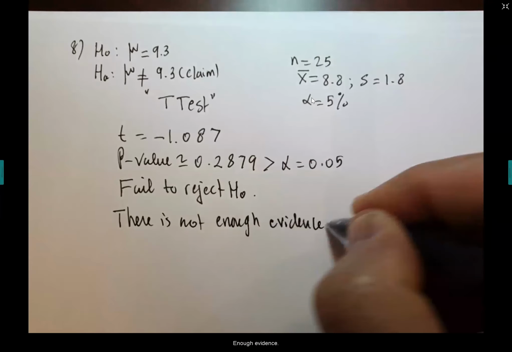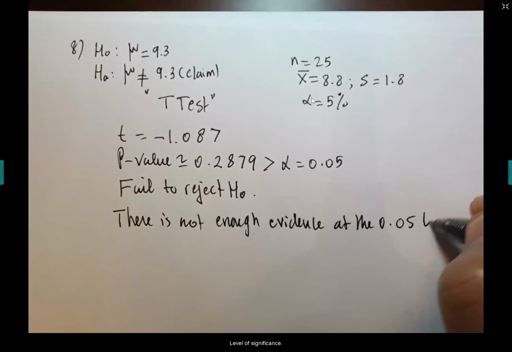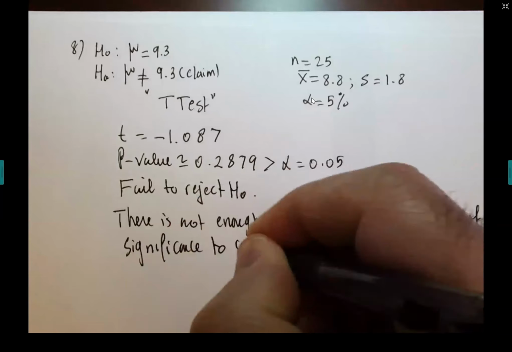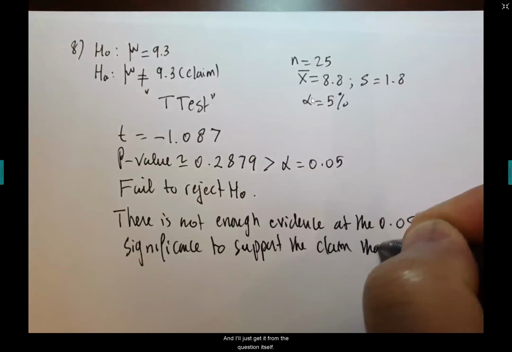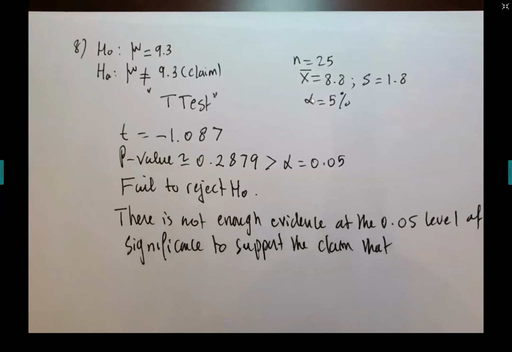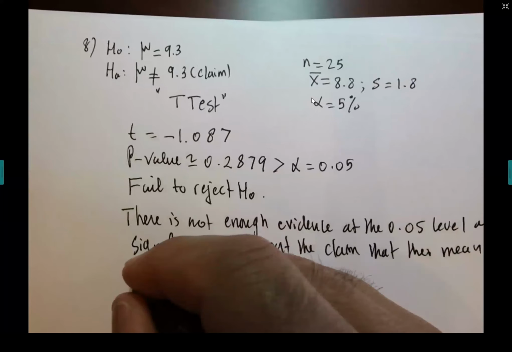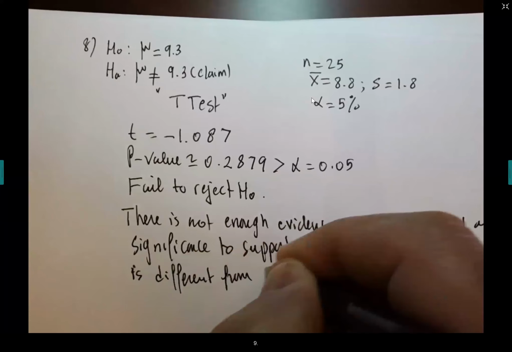So: not enough evidence at the 0.05 level of significance to support the claim that the mean is different from 9.3.